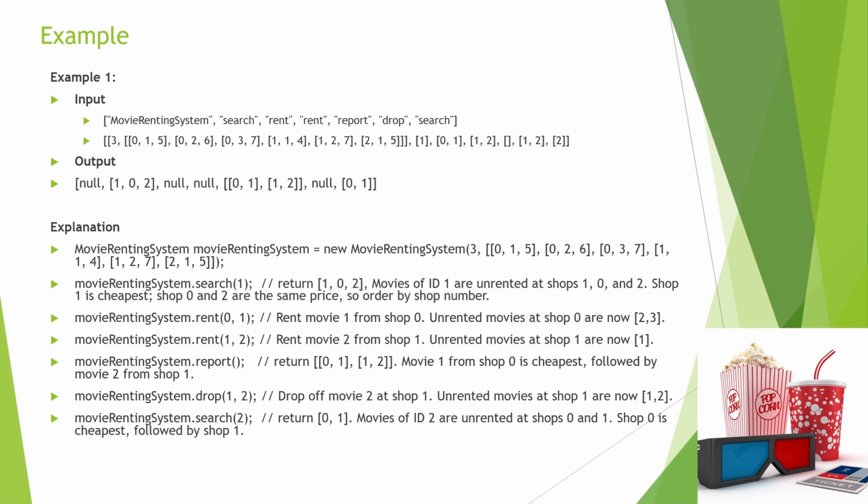Then comes search 2. Search 2 is asking to return the list of shops that have an unrented copy of movie 2 in order of price. So let's see which shops carry movie 2, available, not rented.